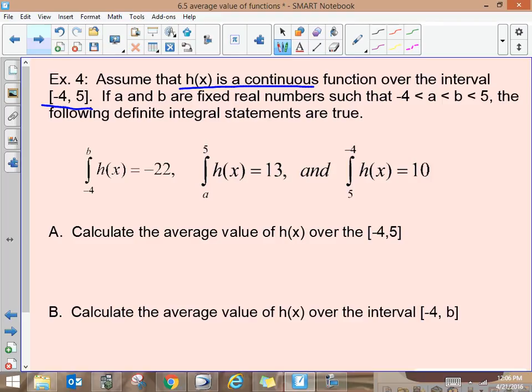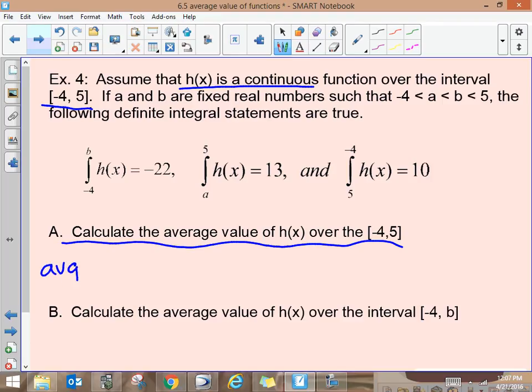The following definite integral statements are true. The integral from -4 to B of h of x is -22. The integral from A to 5 of h of x is 13, and the integral from 5 to -4 of h of x is 10. So how do you find, formula-wise, the average value of h of x over -4 to 5?